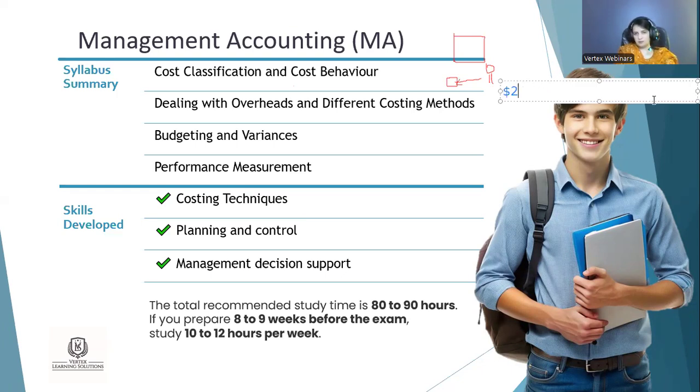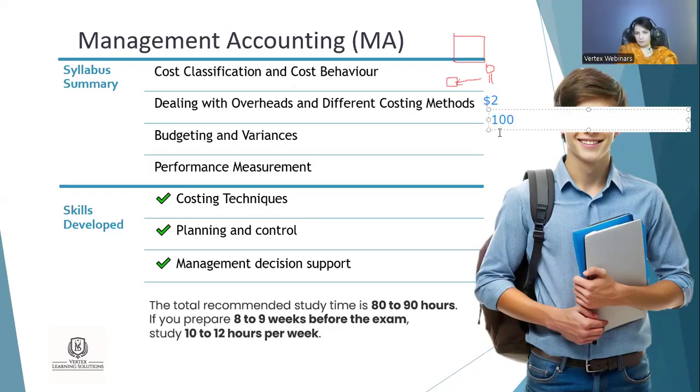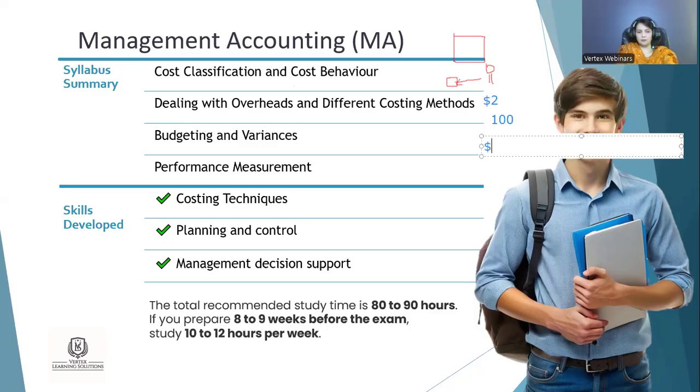So when he makes 100 in a day, this is a piecework system. He makes 100 units for you, so how much are you going to pay him? Obviously $200. This is the variable wage you are giving him, a variable cost.